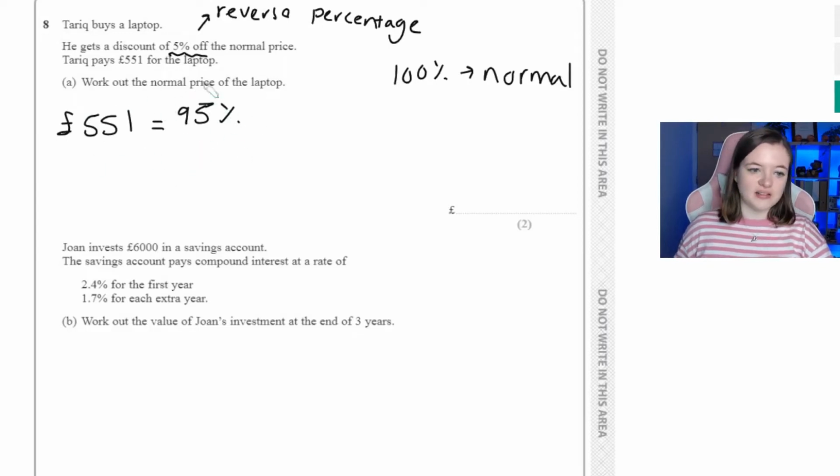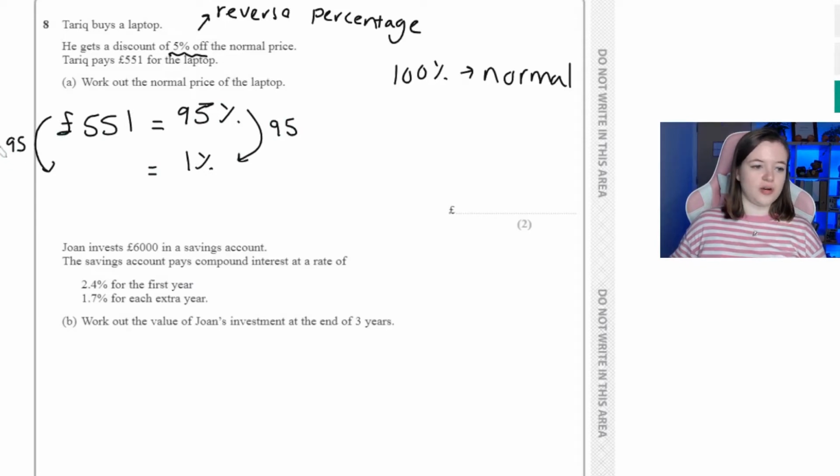So then we need to deal with this to find 100%. So what I'm going to do is find 1% first. So I'm going to then divide this by 95, because 95 over 95 is 1. I'm also going to divide on this side by 95. Hope you can't really see the divide sign. I'm going to put it up there. Divide, there we are.